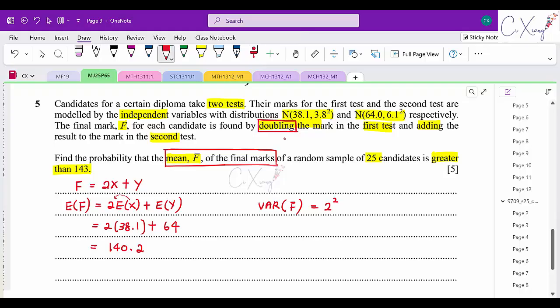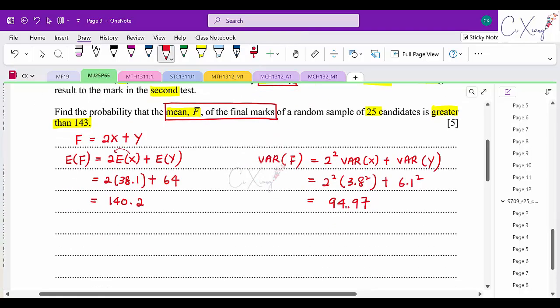So you have 2 squared times the variance of x, then plus the variance of y. What's the variance of x here? It will be 3.8 squared. And the variance of y will be 6.1 squared. Then you add them together, and by right, you'll have 96.97. So this is the mean for the final mark, and this is the variance for the final mark.